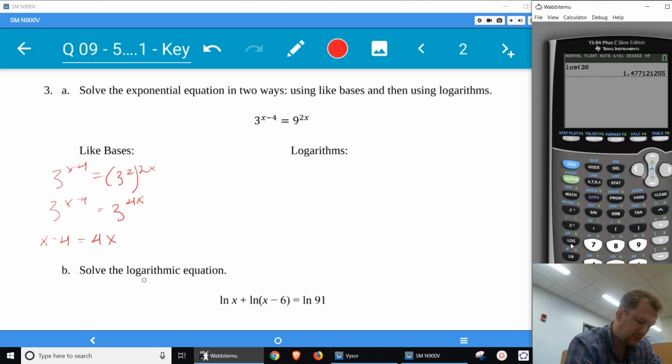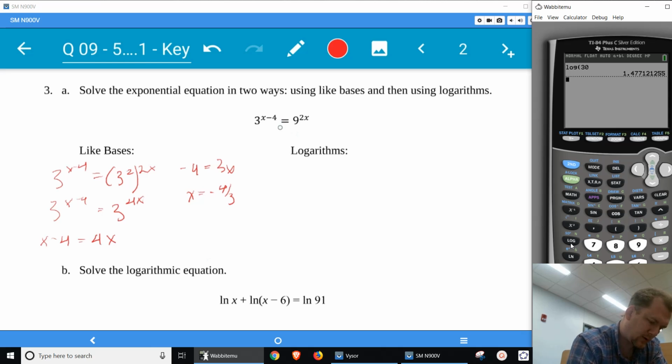So what you could do is subtract an x. So you get negative 4 equals 3x. And then x would be negative 4/3.